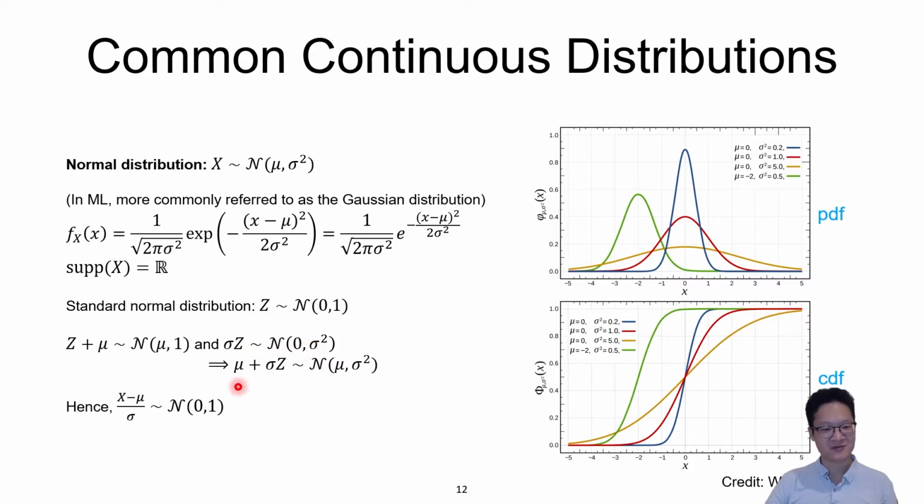Combining these two, we can always construct any Gaussian random variable using the standard normal distribution: mu plus sigma Z is distributed as normal of mu and sigma squared. Conversely, you can take any normally distributed variable x, subtract the mean, and divide by the square root of the variance, also called the standard deviation, and you will get back a standard normal distribution.